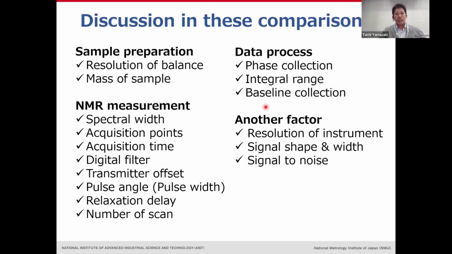So this is a discussion of these comparisons, including sample preparation, NMR measurement, data processing, and another factor, the condition of the instrument and signal shape and width for signal to noise. We discussed many kinds of factors for accurate qNMR.